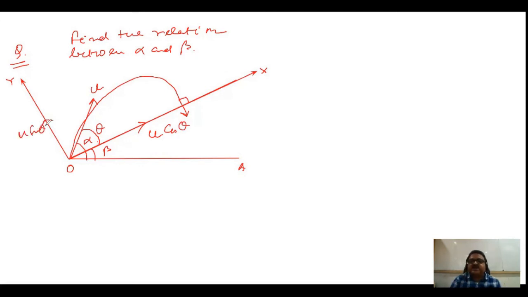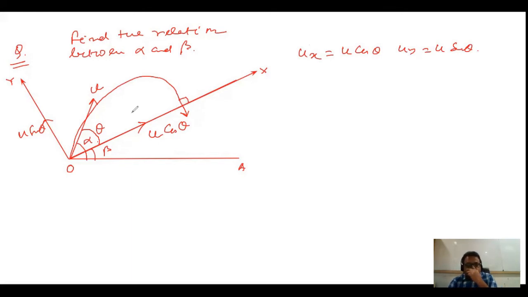So look, ux is equal to u cos theta, uy is equal to u sin theta. Correct?